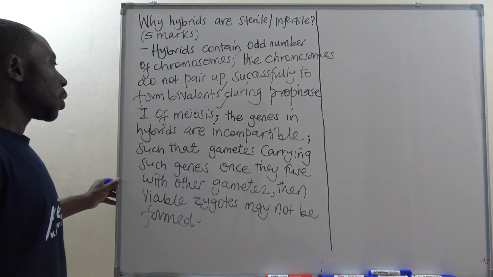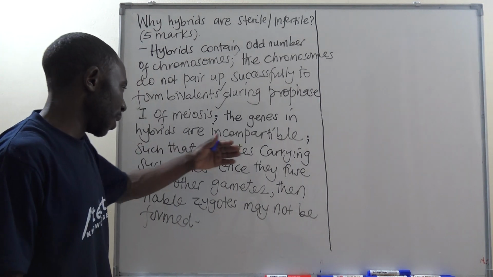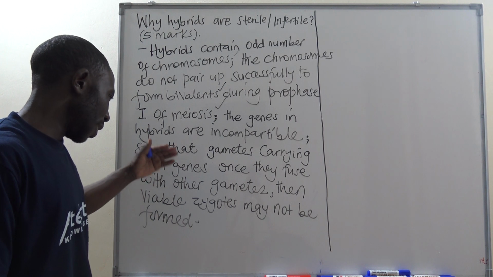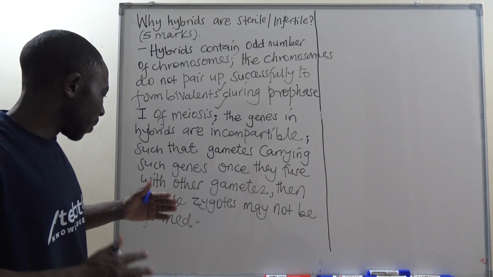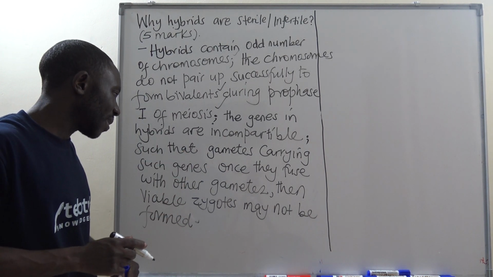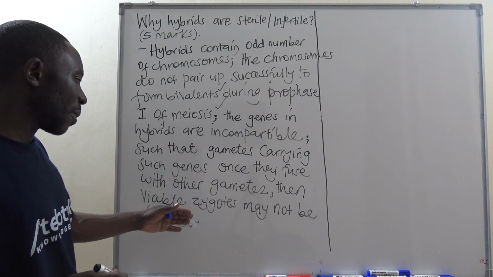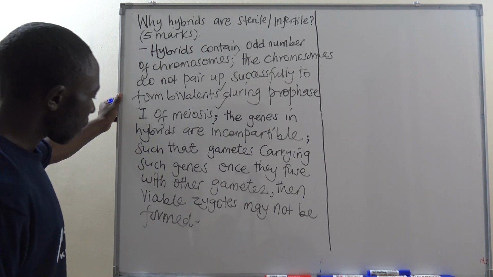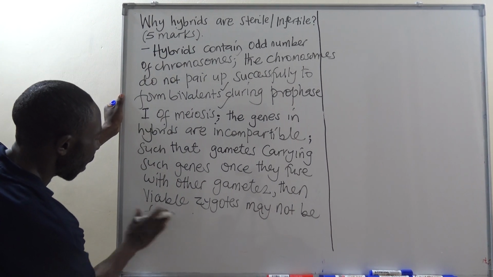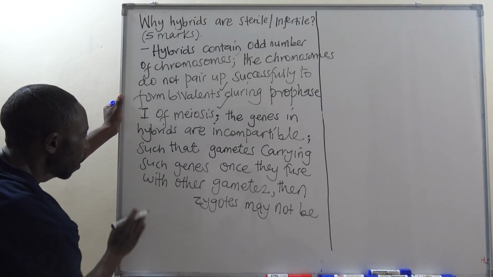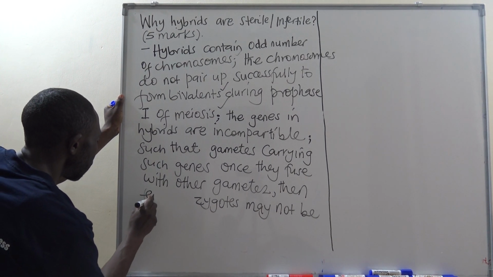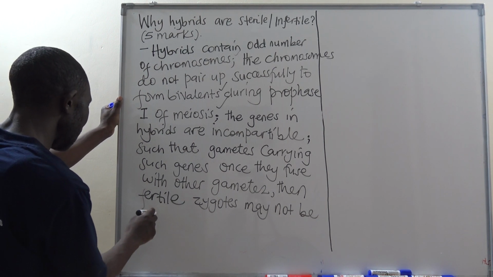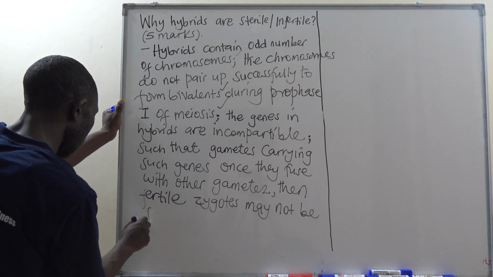So if some of the genes are incompatible, then the gametes carrying such genes, once they fuse with other gametes, then viable zygotes may not be formed. We say fertile instead of viable: fertile zygotes may not be formed.